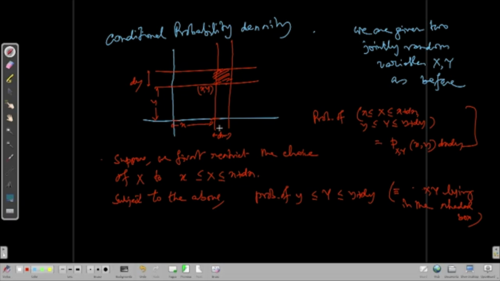That is subject to this, because capital X is already lying from small x to x plus dx, only those cases are considered. Then again capital Y could have been anywhere from minus infinity to infinity. Then I am taking only those cases, while capital X is fixed here, where capital Y is lying from here to here.